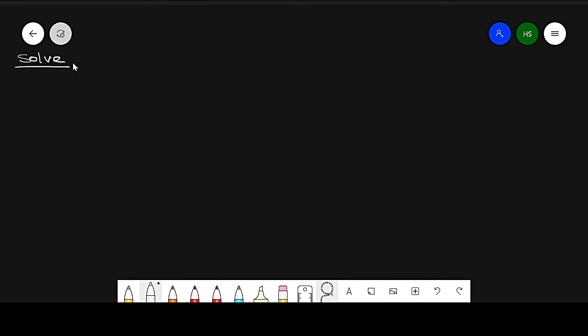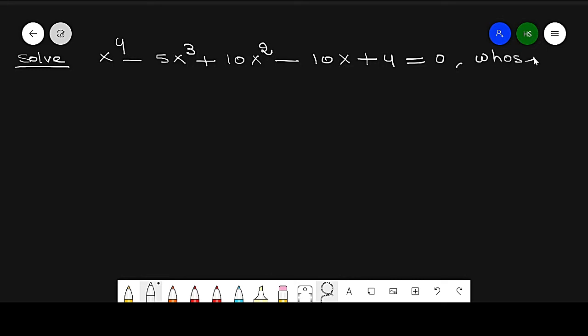Solve the equation x raised to power 4 minus 5x raised to power 3 plus 10x raised to power 2 minus 10x plus 4 equal to 0, whose roots are in GP.